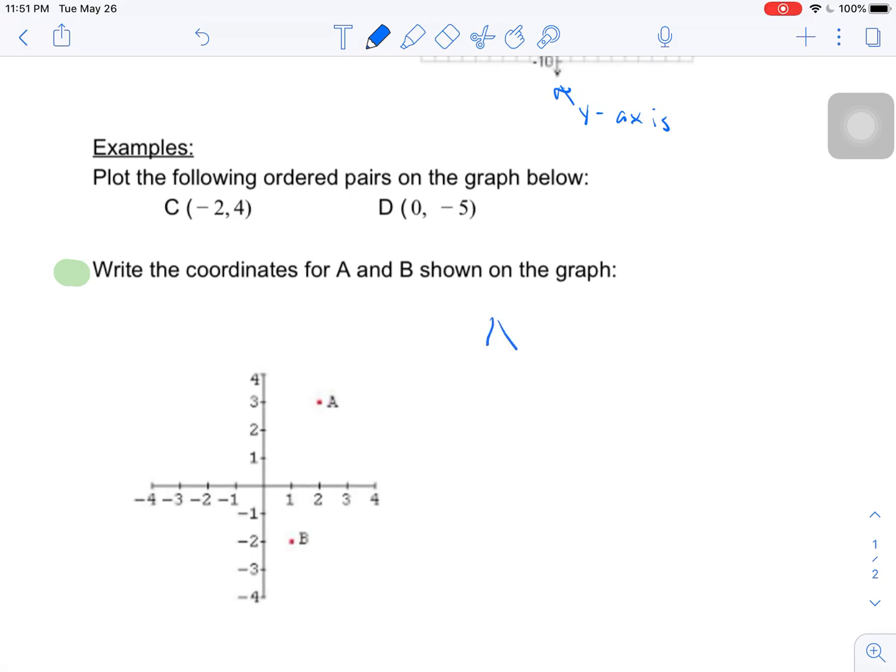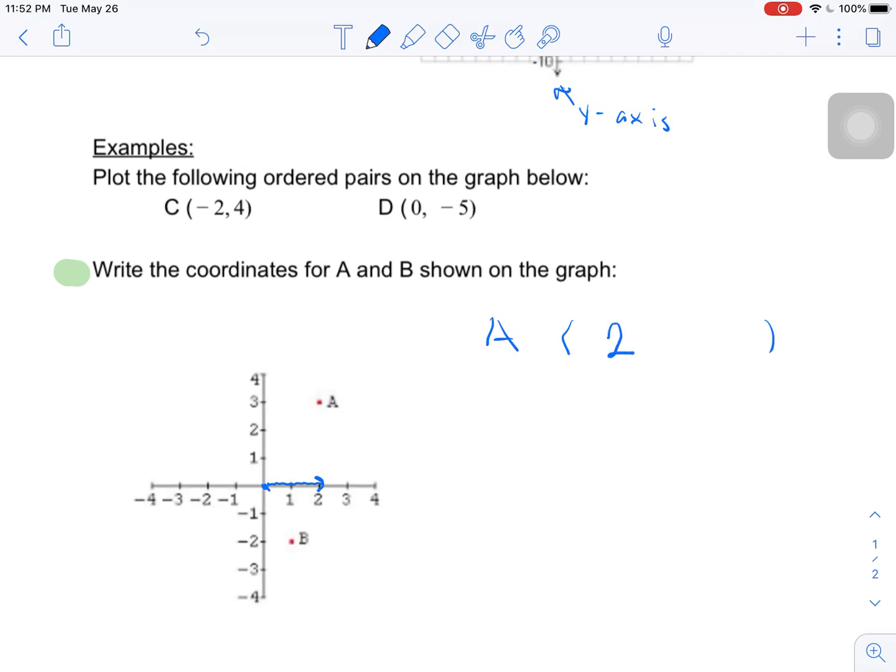So in order to do that, we have to figure out how far up, down, left, right we're going from the origin. So if we start here, and if we think left or right, because that's what the first number controls, we have to go right 2, and that's positive. So it's like a number line. Right is positive, left is negative, just like the number lines we've been working with.